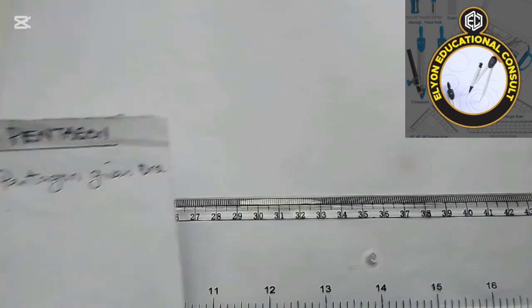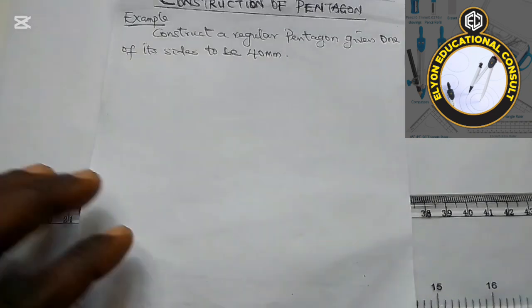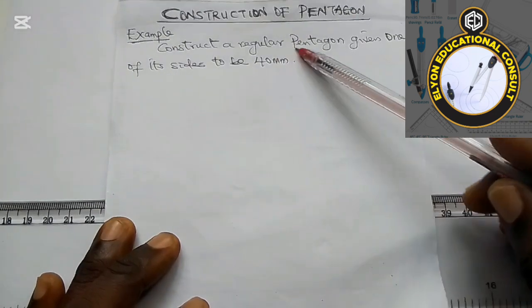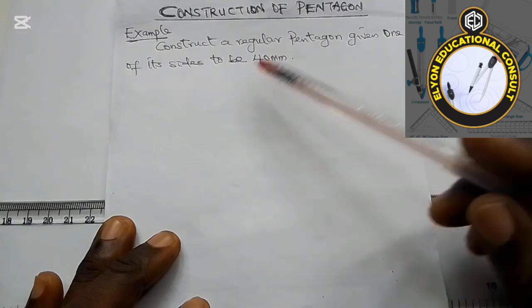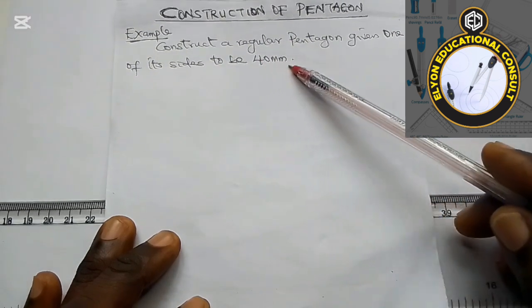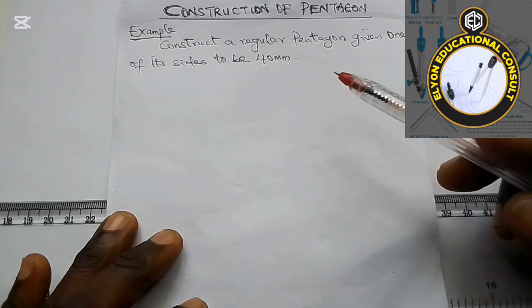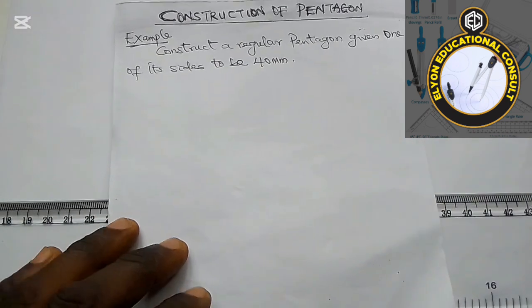A pentagon is a polygon with 5 sides. So we have an example here. The question says construct a regular pentagon giving one of its sides to be 40 mm. So let's see how we do this when we are given one of the sides to be 40 mm.